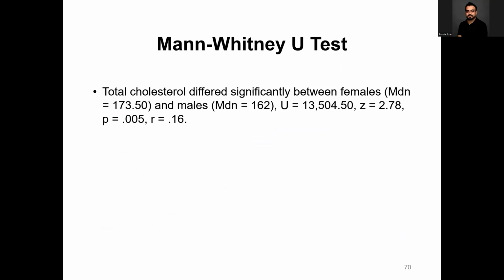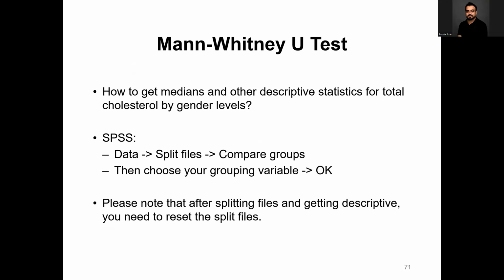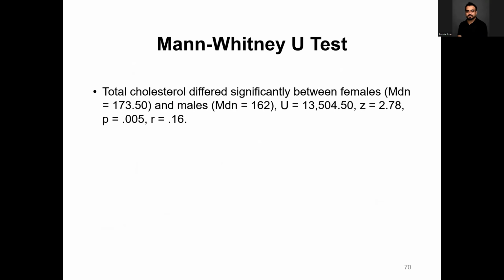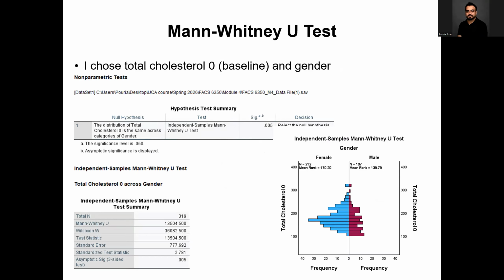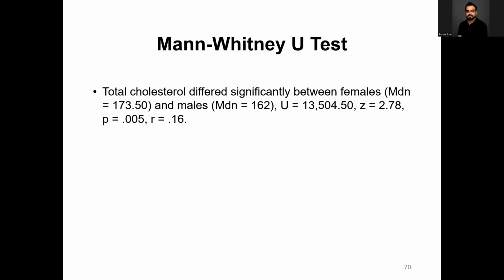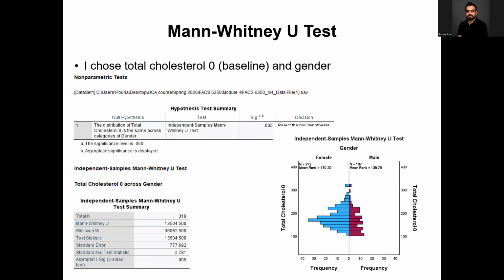And then I would report the Mann-Whitney U-test, the test statistic, the z-score, the p-value, and I can calculate the effect size. In order to get the descriptive statistics, which is the median, I have to report the median. And this table, this Mann-Whitney U-test, also provides the median.